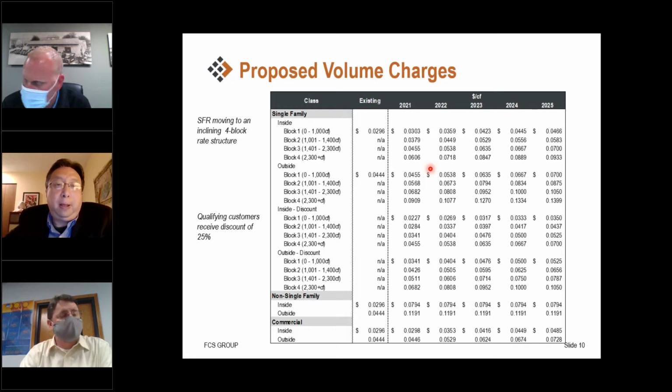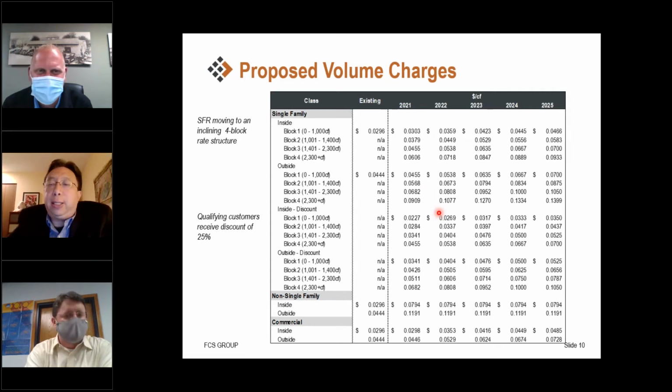Okay. And as far as the discount goes, what would somebody have to do to qualify for a discount? There are 2 qualifying factors. One is whether the person is disabled or not. And the second factor is whether or not they meet household income requirements. I forget what that provision is.